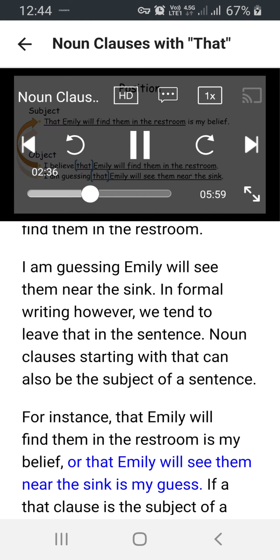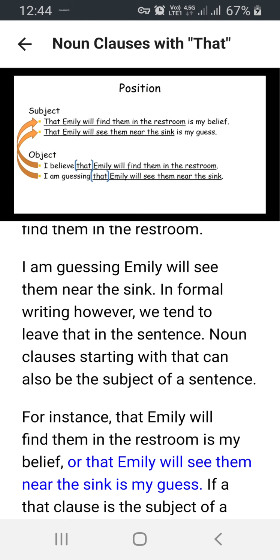Or, that Emily will see them near the sink is my guess. If a that clause is the subject of a sentence, the word that is not optional. It is required.